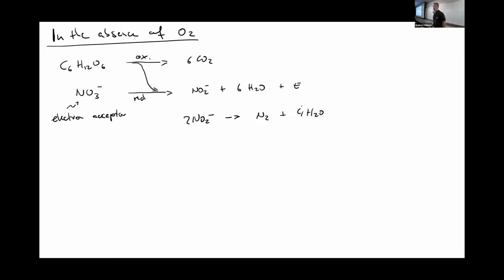And the downside of not having oxygen available and forcing a microbial life to use nitrogen as an electron acceptor is that this N2 in gaseous form is now leaving our system. So this one will diffuse out of the soil. And we call this process denitrification.